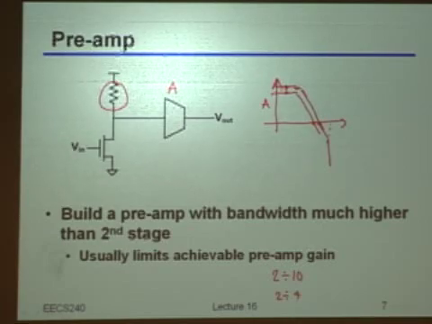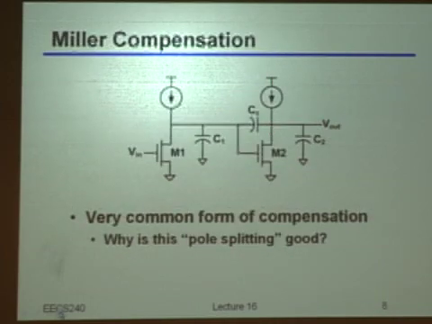So if this is the situation, we've seen narrow banding, we'll see the preamp technique, but as we already mentioned, the smartest thing to be done is what is called Miller compensation. That's the clever technique named after Miller, of course, who introduced it.